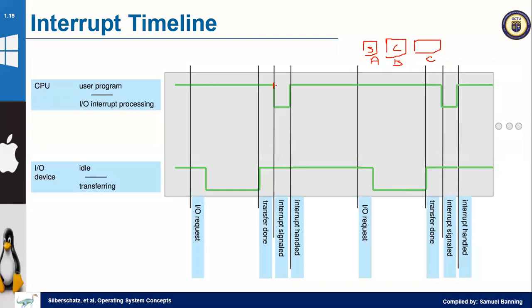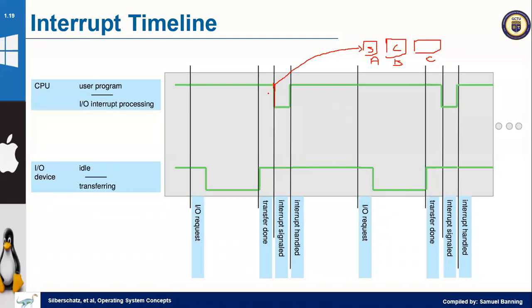So if this interrupt is looking for item A, then control is sent to this location A. Whatever is here is executed. So that is what is happening here.